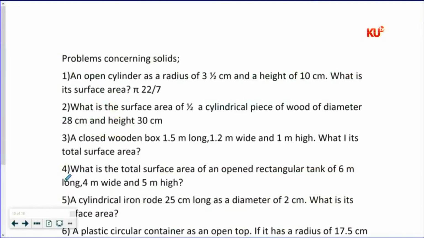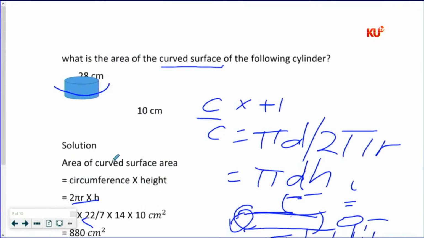But what about in a case we are given a cylinder, and we've been told that this cylinder is open on the top? This is not there.